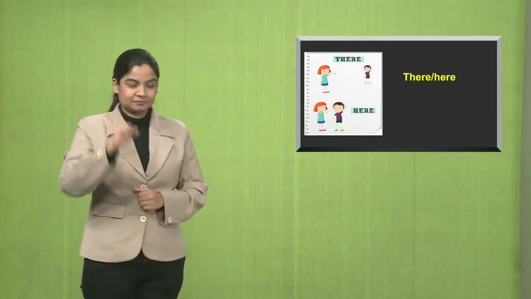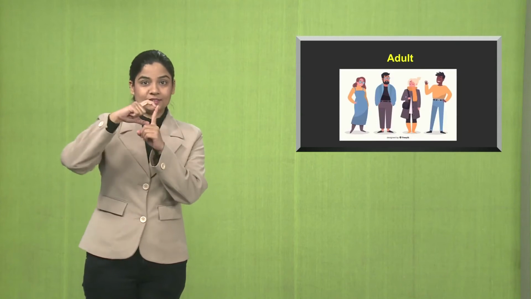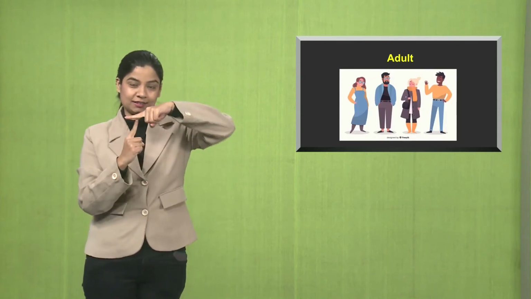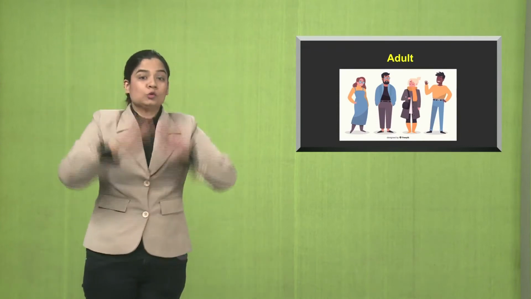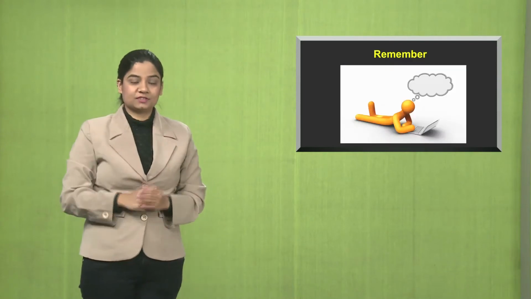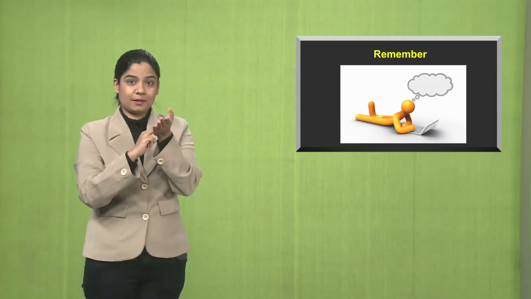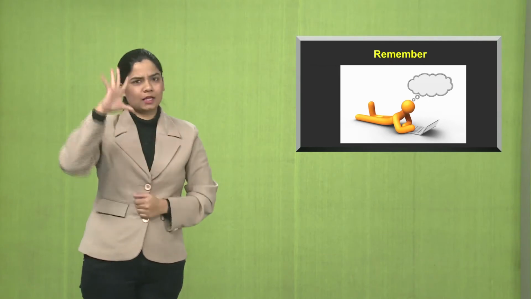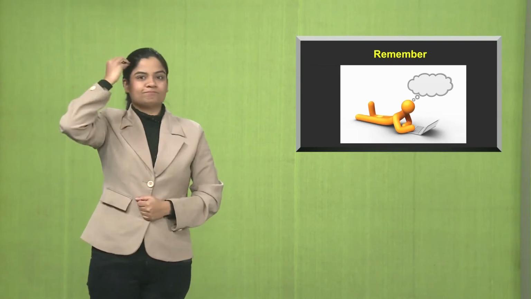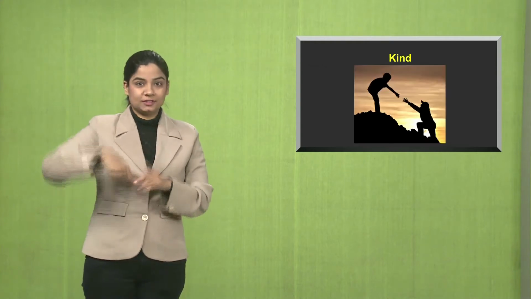Remember that. Adult. As you can see from the picture, a person who's fully grown or developed, not children. Remember, to be able to bring to one's mind an awareness.